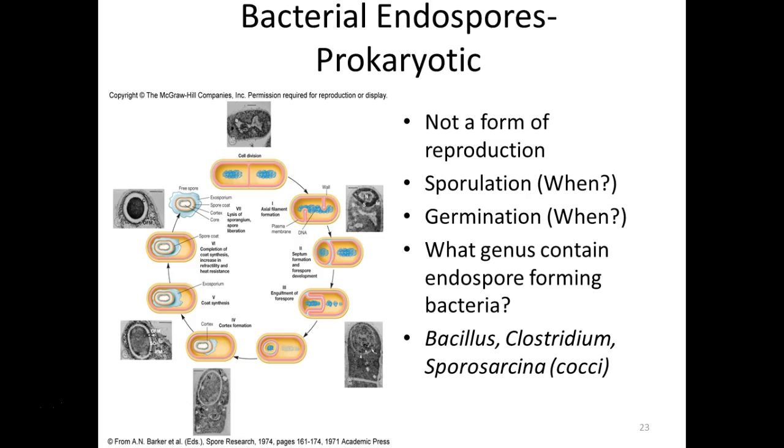When are they going to sporulate? When are they going to form spores? Bad conditions, when conditions are harsh, where life is not going to be possible. This can be any number of things depending on that organism. It could be a change in atmospheric gases. Could be oxygen is not available or oxygen is available, or carbon dioxide is or isn't.